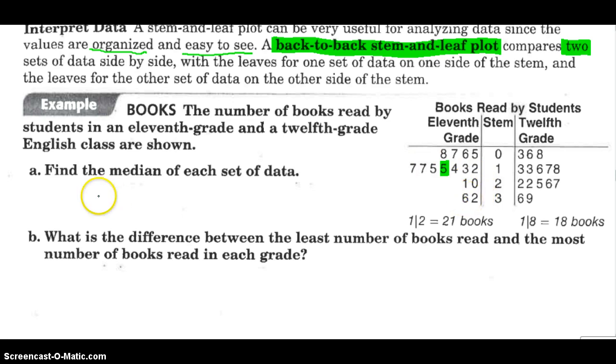So 5 is the median for the 11th grade. And the median for the 12th grade, 1, 2, 3, 4, 5, 6, 7, 8, 9, 10, 11, 12, 13, 14, 15. So again, 1, 2, 3, 4, 5, 6, 7, and 8 is the 12th grade median.